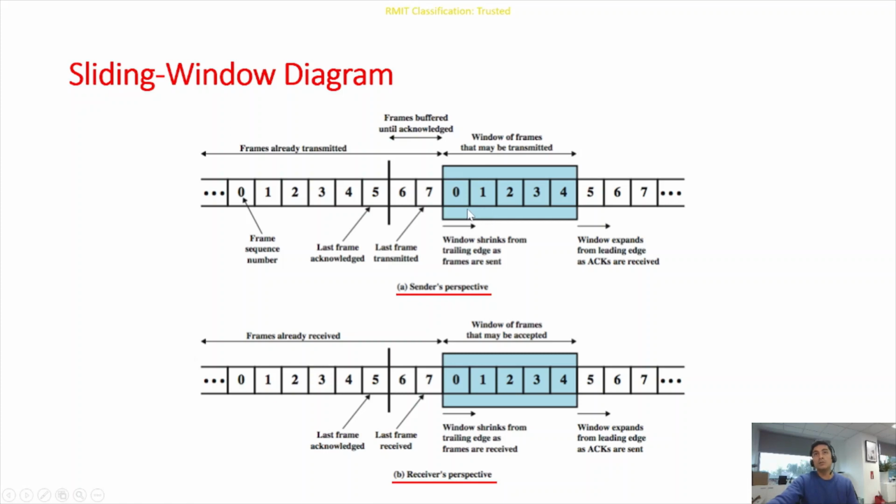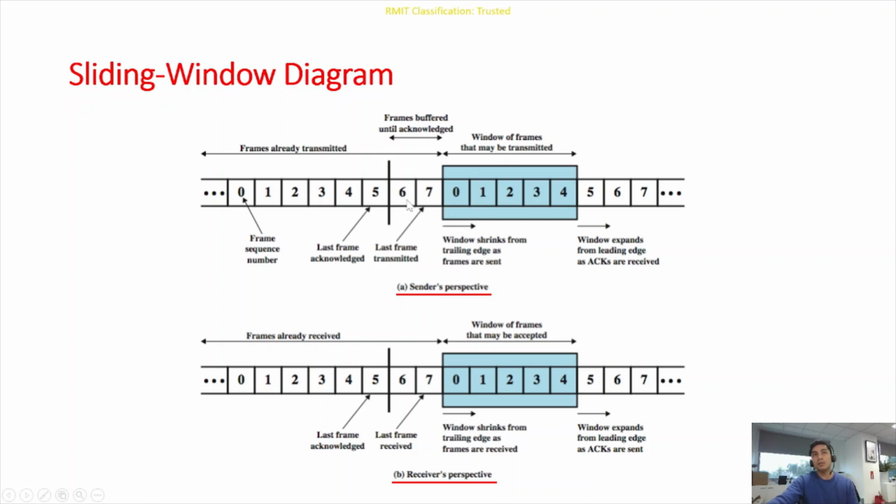So if the source is going to send to the destination, let's say it sends frame 0, then this region is going to shrink and get smaller.